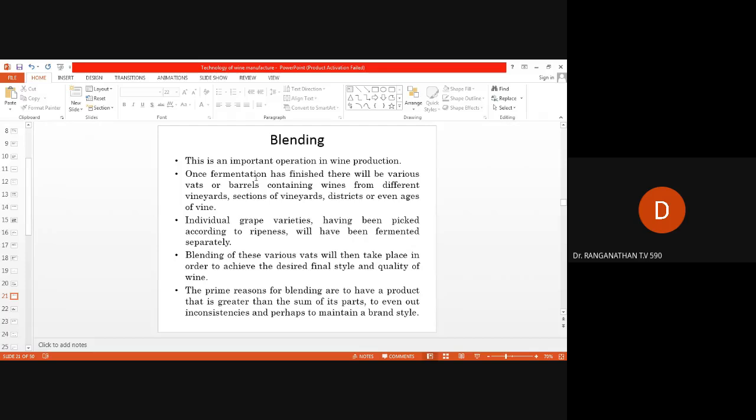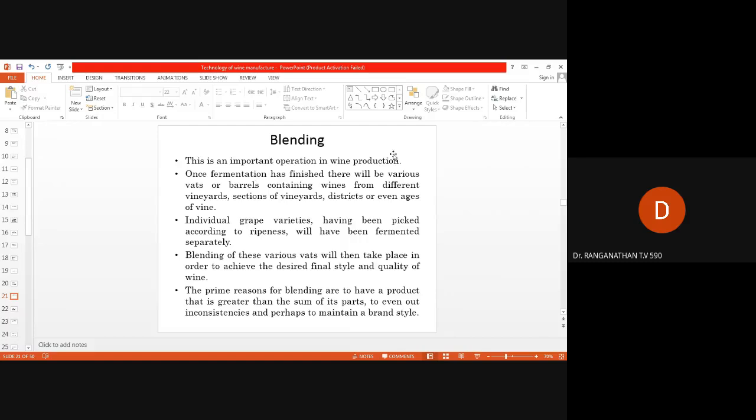If you consider whether there is any standard for this, the standard is dictated by the manufacturer. Any government agency standardizes only the alcohol content of wine, which is around 11 to 14%. But other conditions, like whether it has to have sugar, the tartness, the color, etc., are decided by the individual manufacturers.